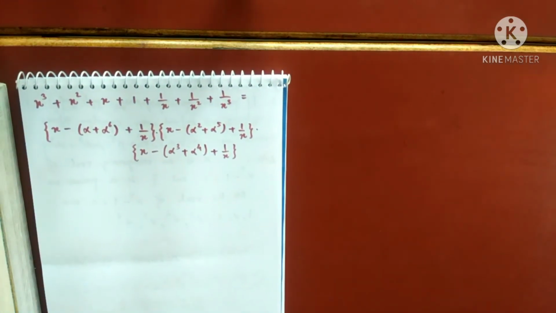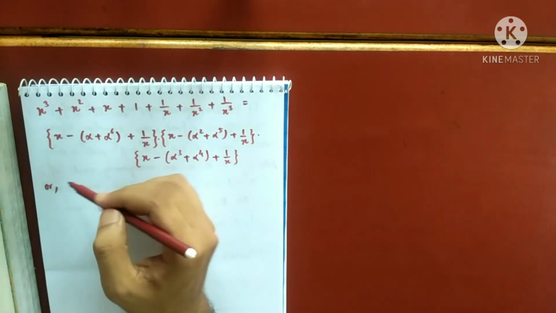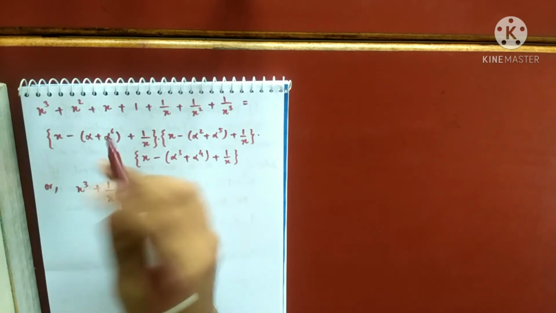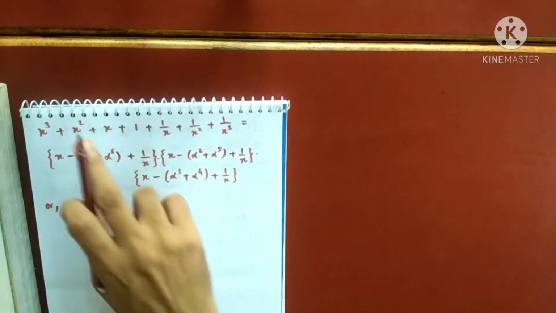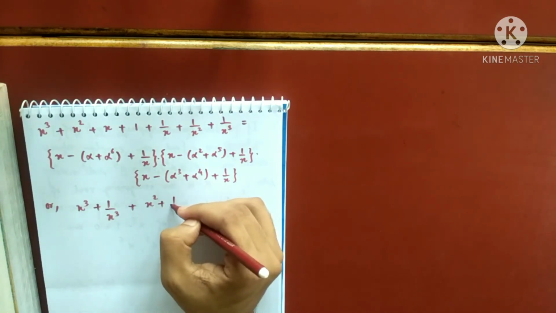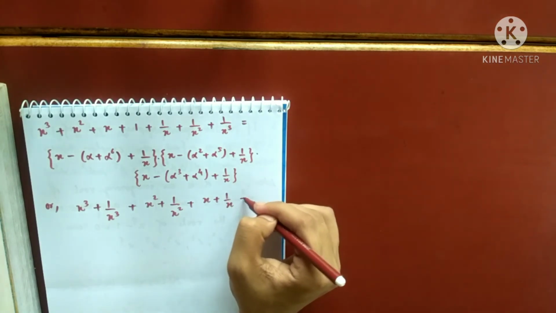I'll rearrange them a bit. So x cube plus 1 by x cube, taking these two together, taking these two together, taking these two together, and then 1.